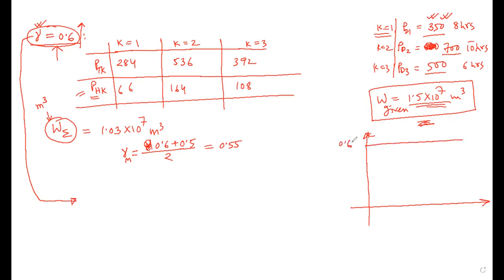For 0.6 of gamma, you are getting this W. This is your target, and this is your 0.5. This is not drawn to scale, remember. So we are calculating a new gamma, which is the average of these two, 0.55.